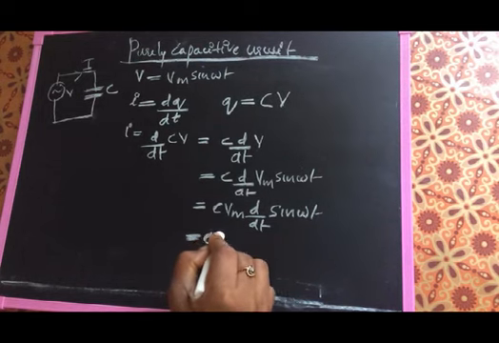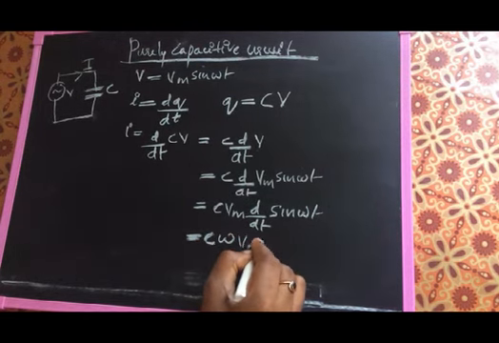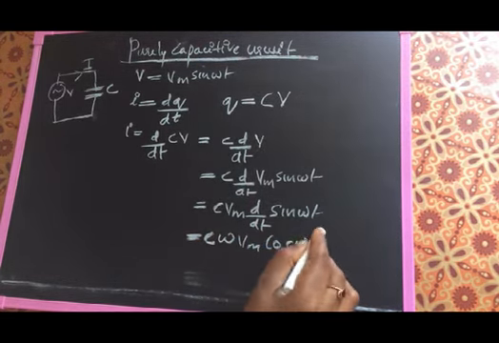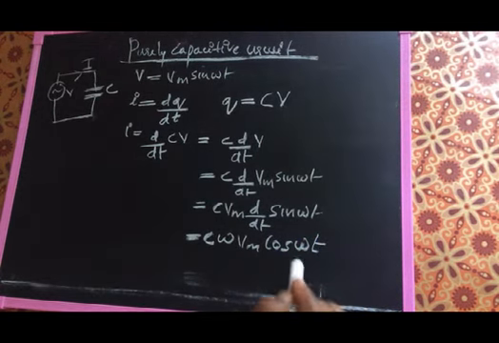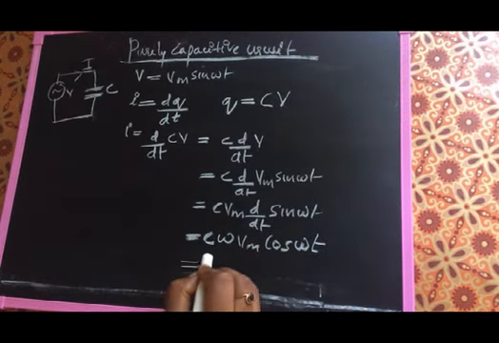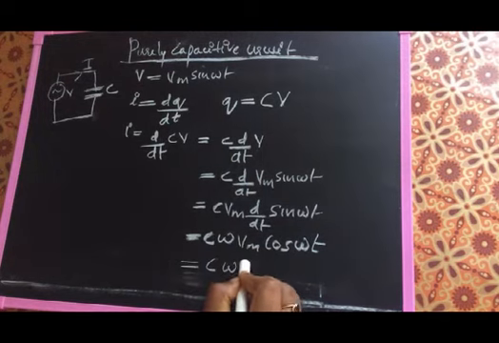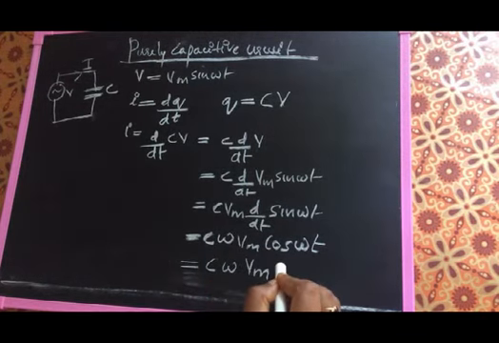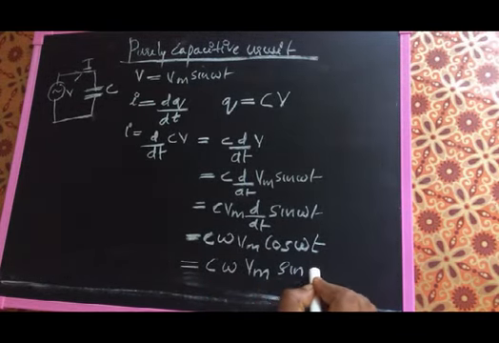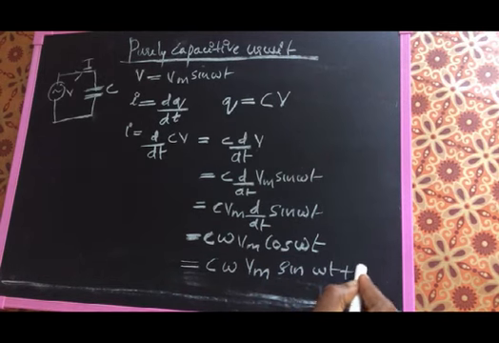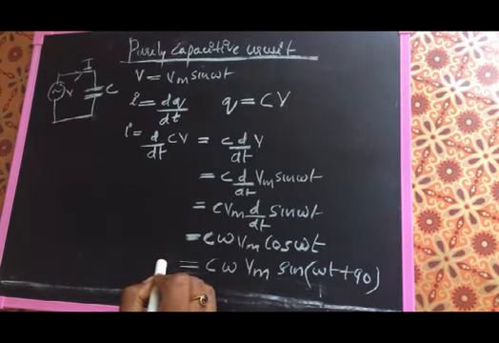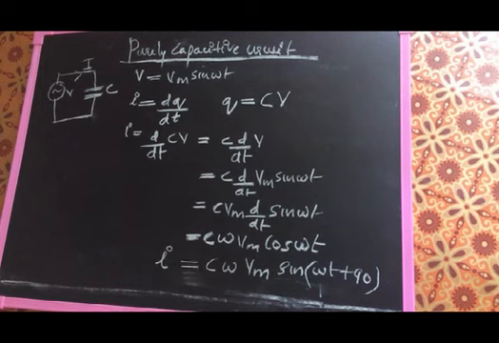So that is c into omega into Vm cos omega t. You can replace this cos omega t in terms of sin omega t, that is equal to c omega into Vm sin omega t plus 90 degree. This is the equation of instantaneous value of current.